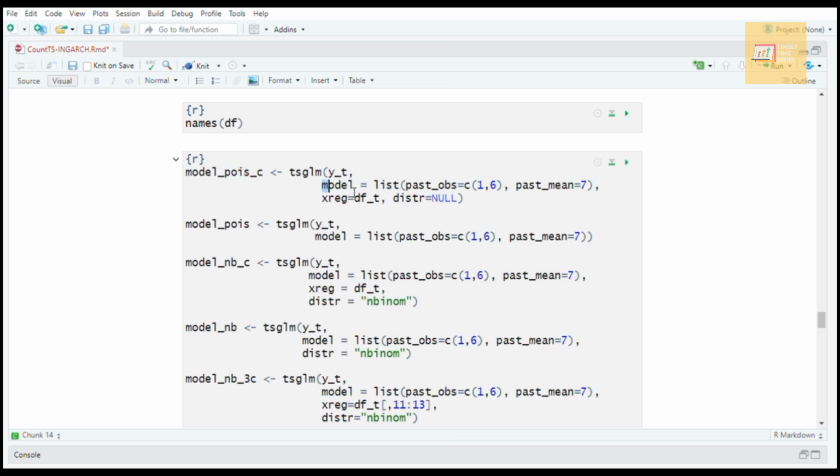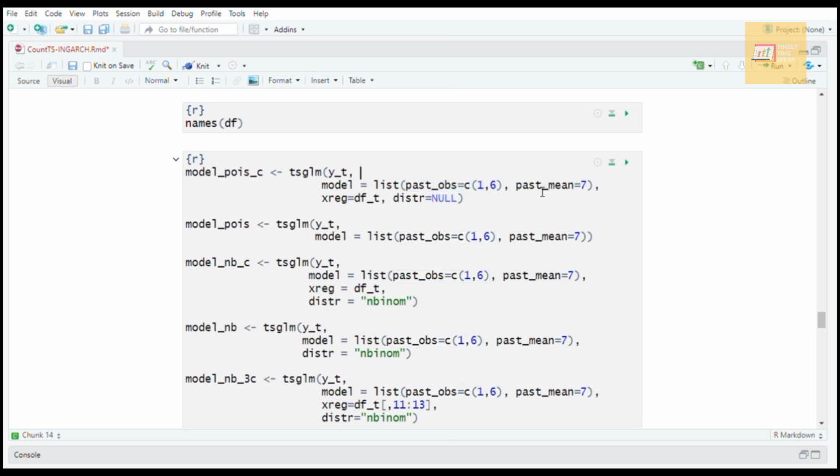Now let's focus on the model parameter here. In the theory section, we model the lambda, or the conditional mean, as the intercept plus some terms for the autoregressive part, plus some terms for the moving average part, plus the dot product between the covariates and their coefficients if we use them. Past observations is the lags that we want to use for the autoregressive part, because we are regressing the value at time t on some past observations.